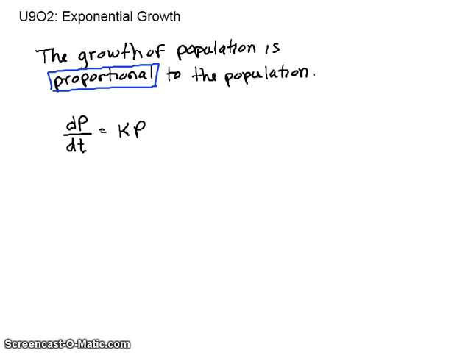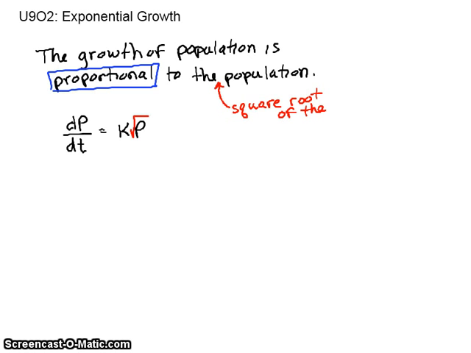They could also ask something like this and say, instead of the growth of population is proportional to the population, they could say something like the square root of the population, and in that case we would have that. Now, a lot of times if you have that situation, they're not going to ask you to solve the differential equation. They're just going to ask you to write the differential equation.